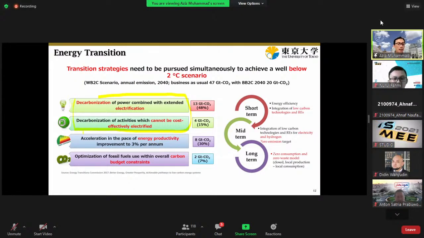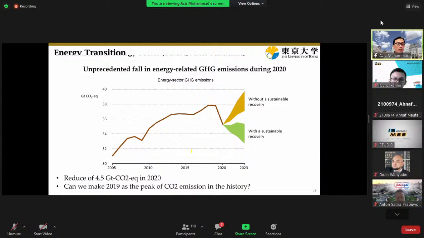And also, the third pillar is correlated with energy productivity or energy efficiency. And finally, in case we don't have any options or technologies to do decarbonization or improve energy efficiency, we should establish a scenario which can reduce the CO2 emissions itself. And this is the CO2 emissions during the pandemic.